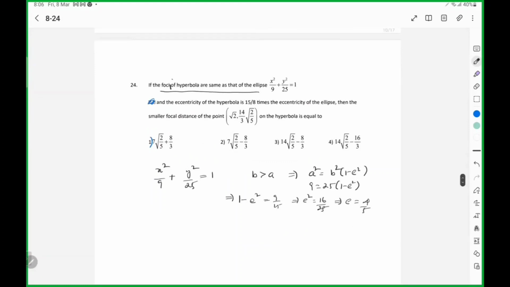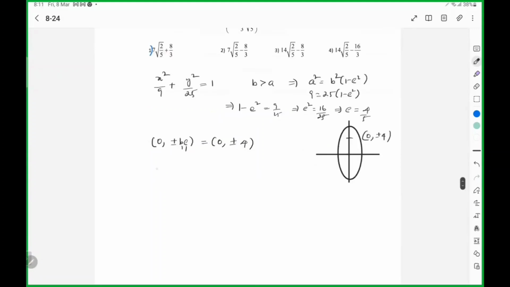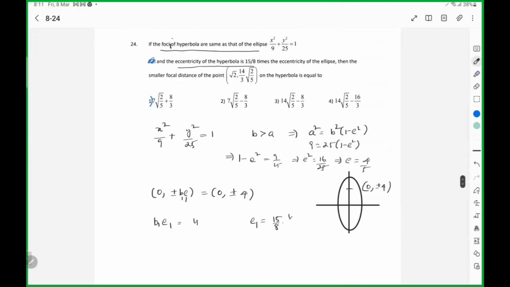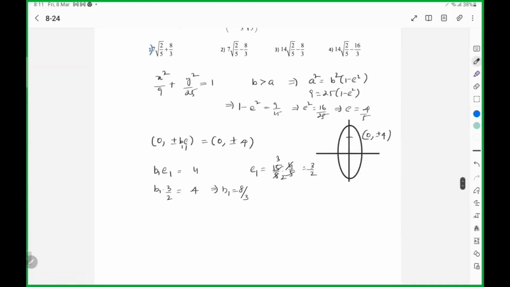Since B is dominating, focus will be here, 0 comma plus or minus B1, A1 is 4. And A1 here is 15 by 8 times eccentricity 4 by 5. That is 3 by 2. B1 into 3 by 2 is 4. B1 here is 8 by 3.